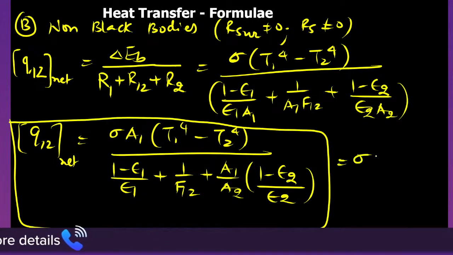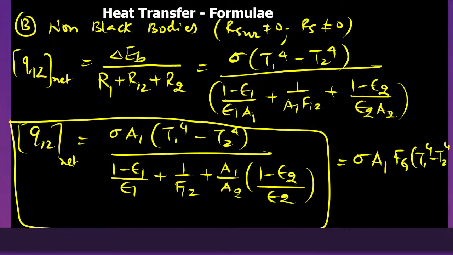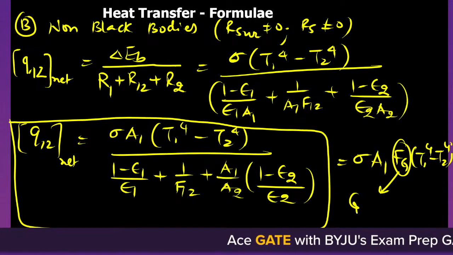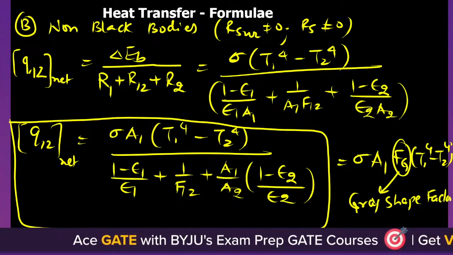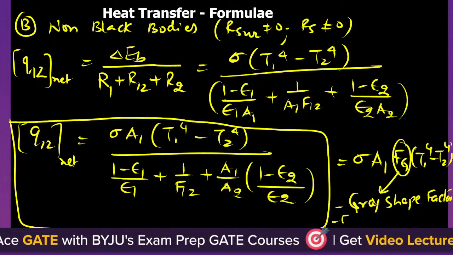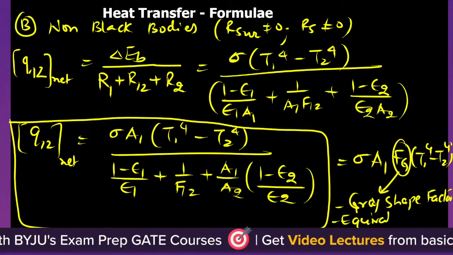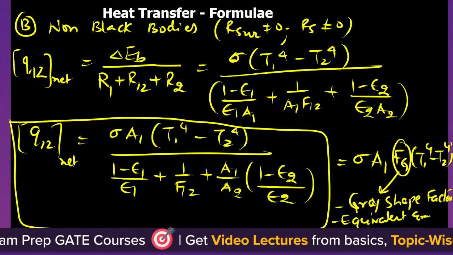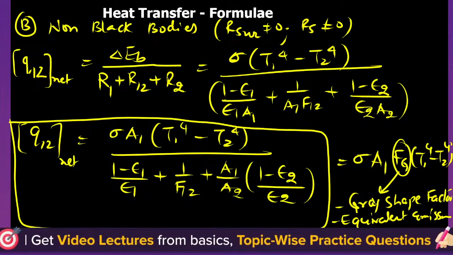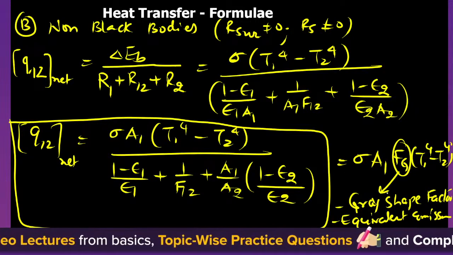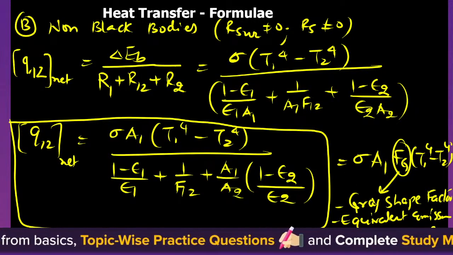And that can be equated with sigma into A1 into Fg into (T1 to the power 4 minus T2 to the power 4). What is this Fg called? It is called the gray shape factor, or equivalent emissivity, or interchange factor. By equating these two, we can find the value of Fg, the interchange factor.